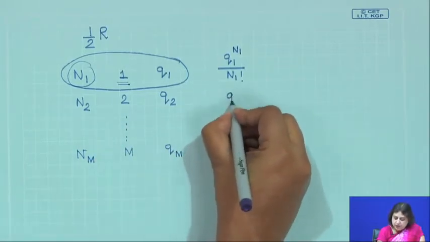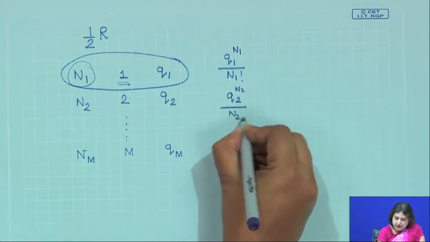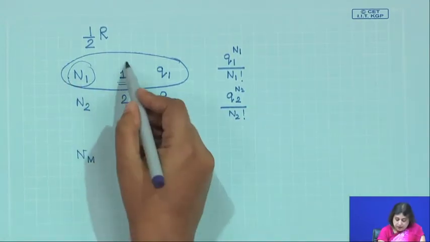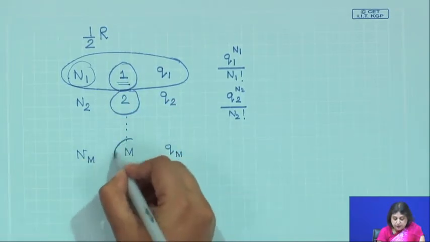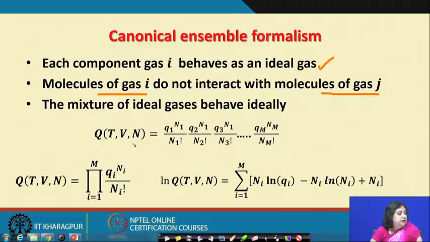Similarly, for the type 2, this is going to be Q2 to the power of N2 divided by N2 factorial. Now, since the molecules of type 1 are independent of molecules of type 2 and so on and so forth, I can write down the total canonical partition function for this system like this.